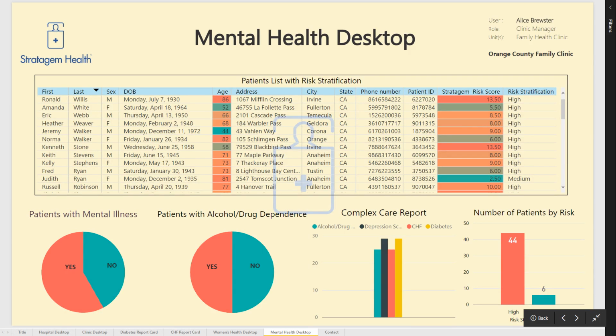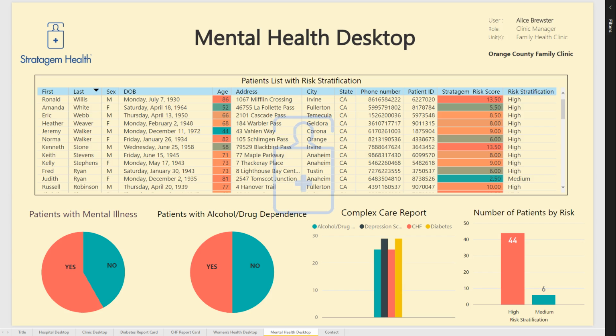And the last desktop for purposes of this demonstration are patients which have mental health issues. Increasingly, it is noted that just controlling medical conditions is not enough for well-being.